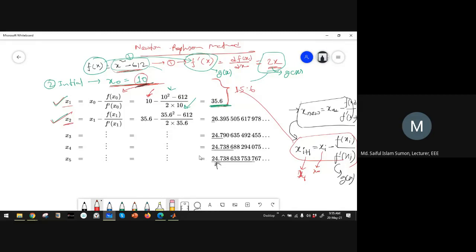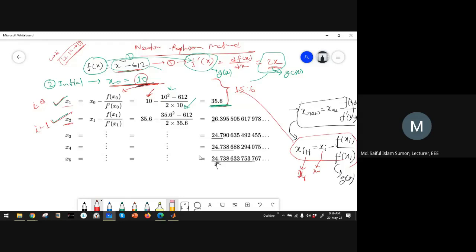Here i is 0, here i is 1, so the value of i doesn't matter. During your coding, you can start your iteration from i equal to 10 to, suppose, 15, which means ultimately 5 or 6 iterations. You may start from 0, you may start from 1.